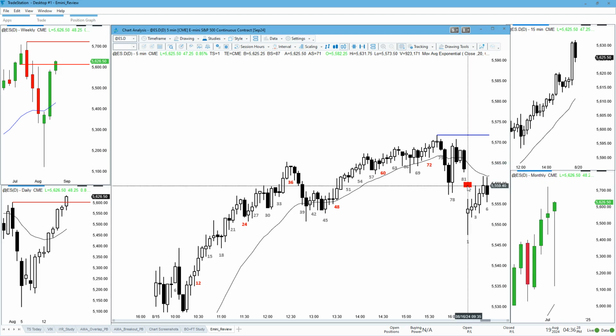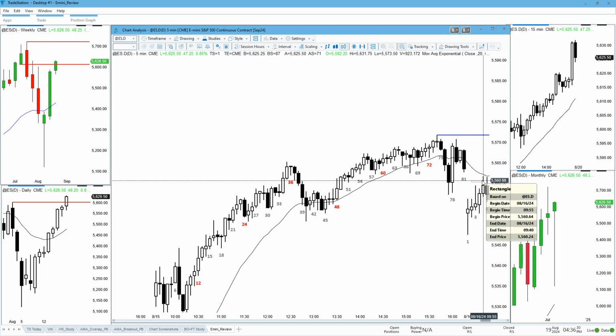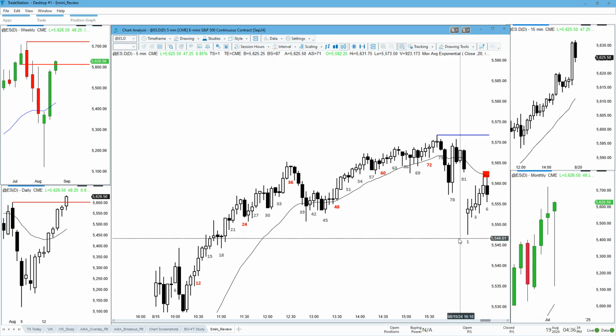You're a limit order bear, and you sell above bar 6. And your argument is 3 pushes up to the moving average. You look to the left, big up, big down.